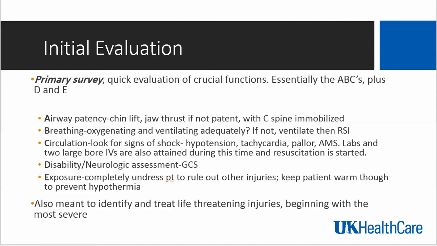D is for disability / neurologic assessment, also known as the GCS. E is for exposure. Completely undress the patient to rule out other injuries. During this process, it's prudent to keep the patient warm to prevent hypothermia. This primary survey is also meant to identify and treat life-threatening injuries, beginning with the most severe ones first.